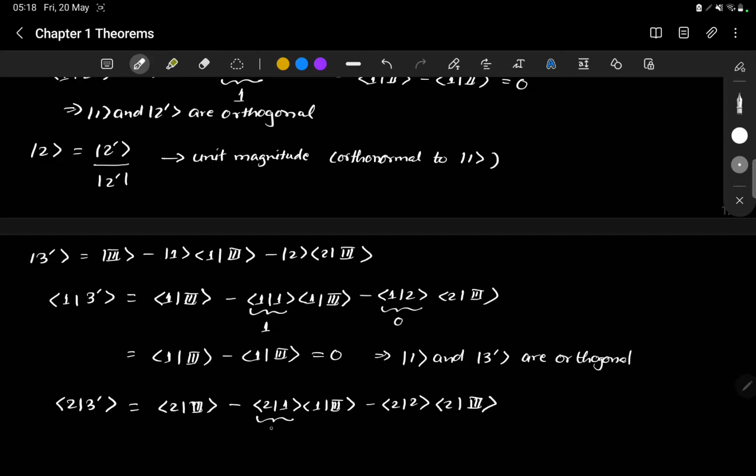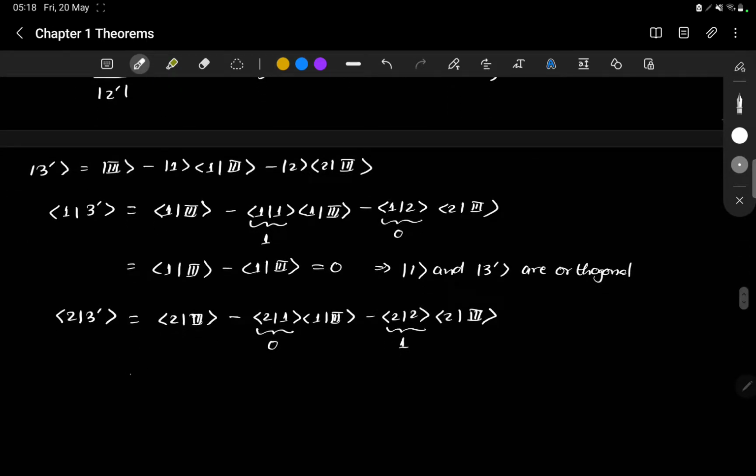So again, since 1 and 2 of the new bases from Gram-Schmidt are orthogonal, this inner product is 0. 2 has unit magnitude, we saw it here, we normalized it to unity, so this is 1, which finally gives us again 0, which means 2 and 3 prime are also orthogonal.